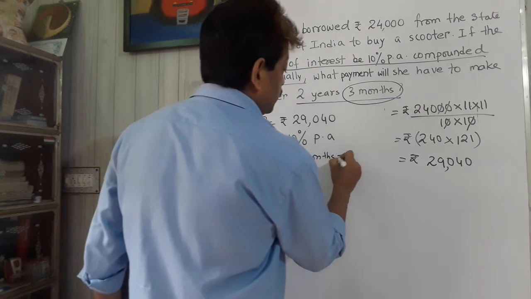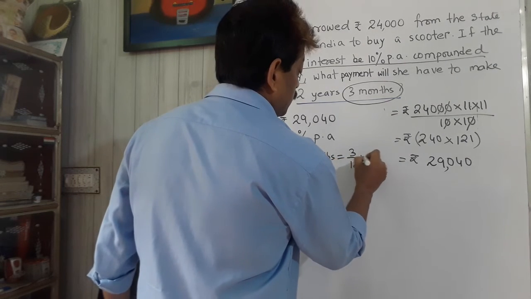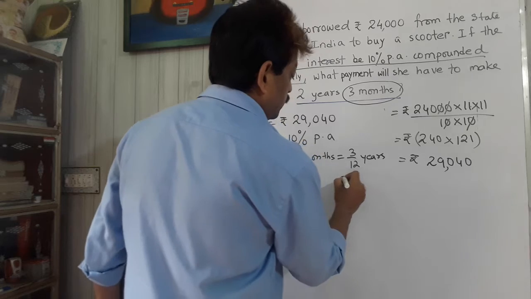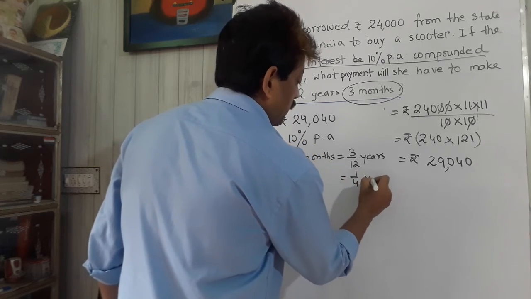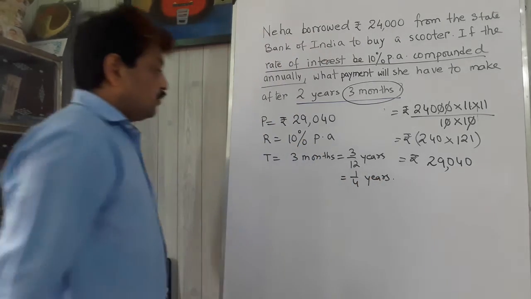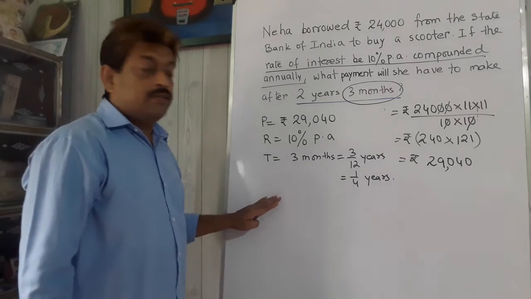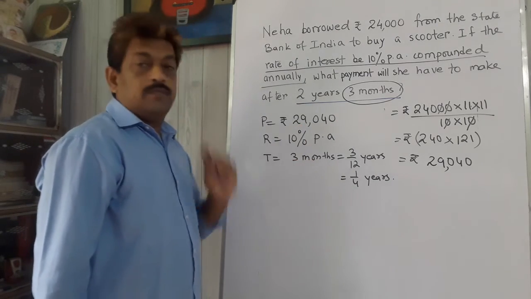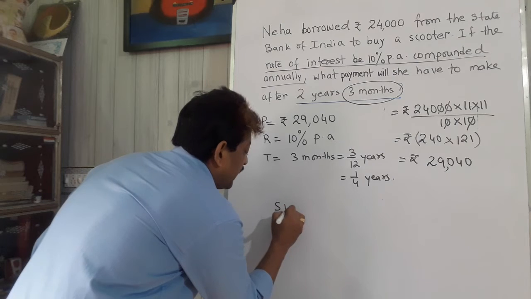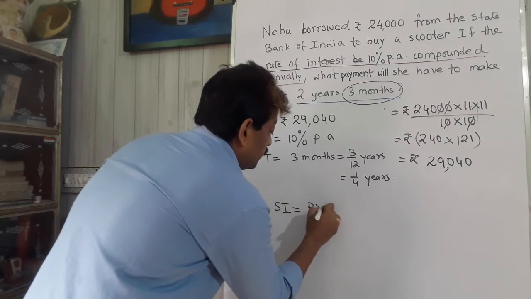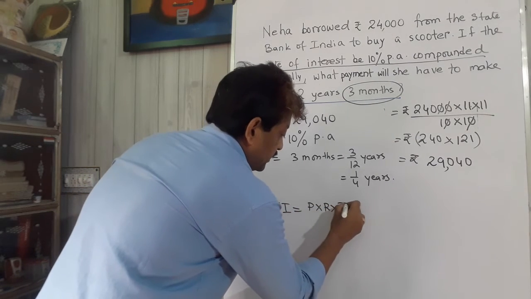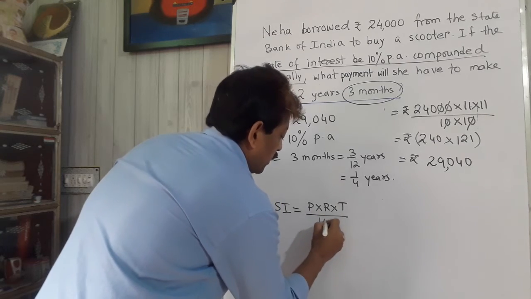You all know 3 months means 3 upon 12, that is 1 by 4 years. So I have to calculate the simple interest on this new principal. So SI equals P multiplied with R multiplied with T upon 100.